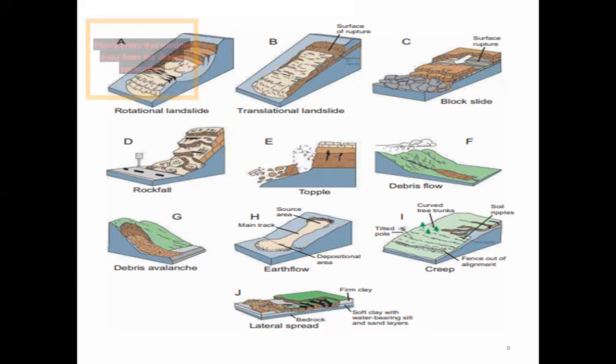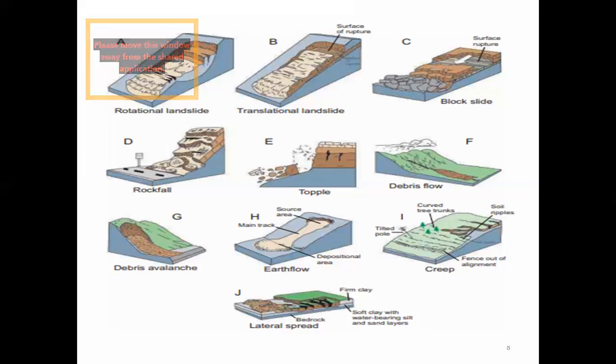In this particular figure, we also have rotational landslides, translational landslides, block slides, and rock fall. If you look at figure D, you'll come to know. These are all possible ways of slides affecting highways and railway tracks. D category is rock fall, E is topple, T-O-P-P-L-E, and F is debris flow.